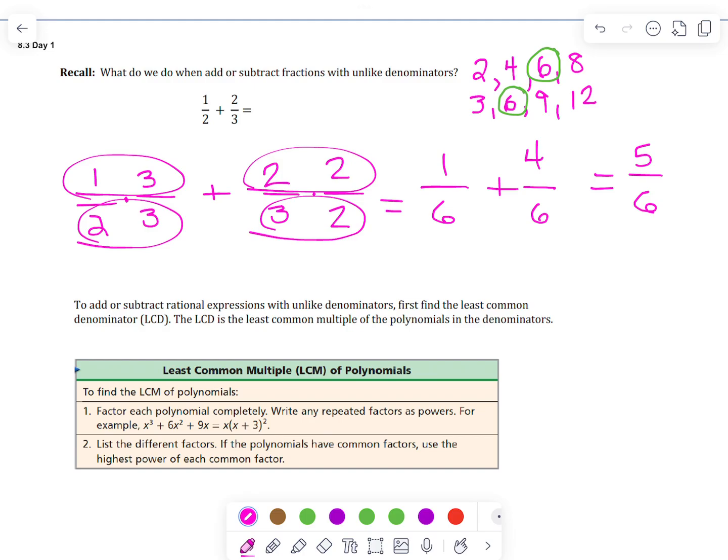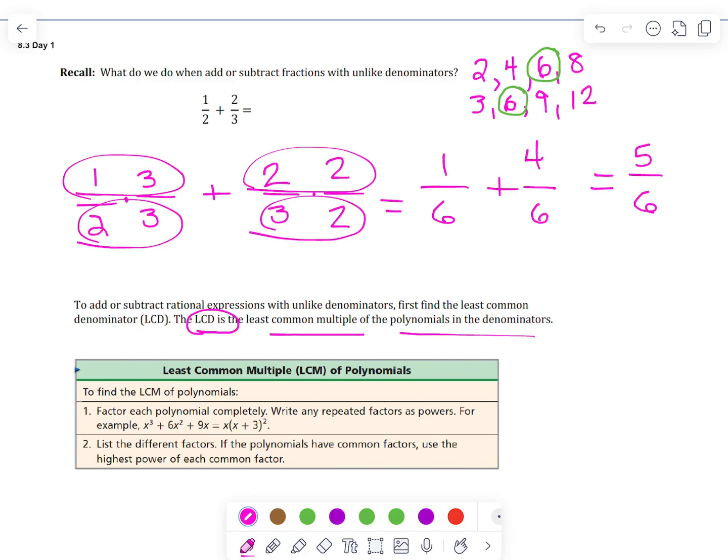So now we have the steps to add rational expressions. When we add them, we have to find what we did up above, that LCD, that least common denominator, which is the least common multiple of those denominators.